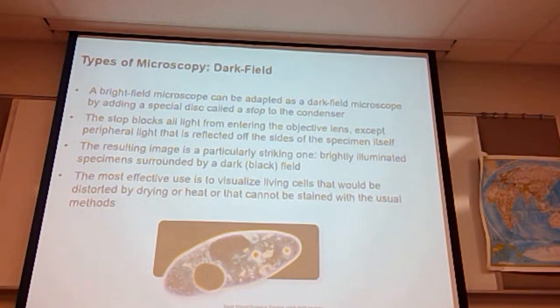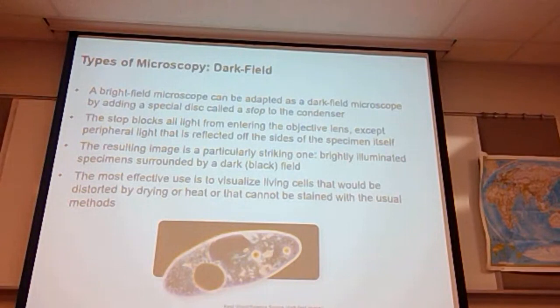Dark field microscopy, we will not be doing this. It requires a special condenser that our microscopes do not have. But you do need to know some things about dark field microscopy. These things block the light from entering the objective lens. It will let this peripheral light around the edges come through.